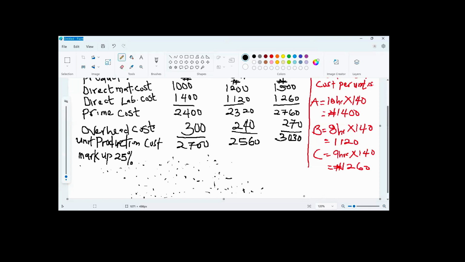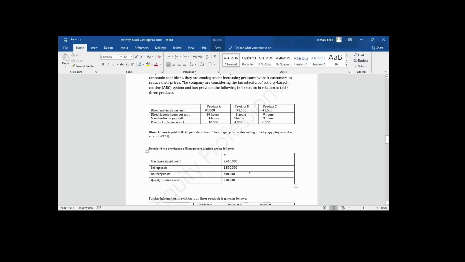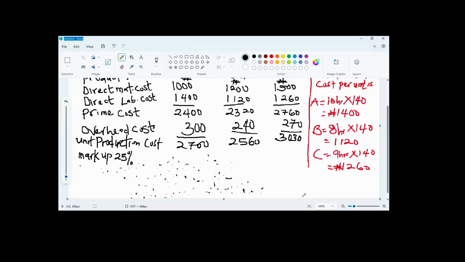The question says the company calculates selling price by applying a markup on cost of 25%. Your profit, 25% of this cost, that's your profit for product A.